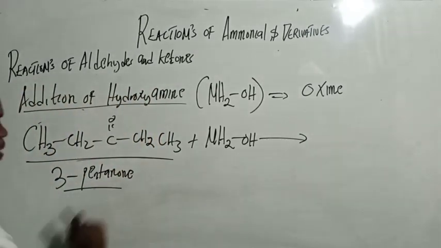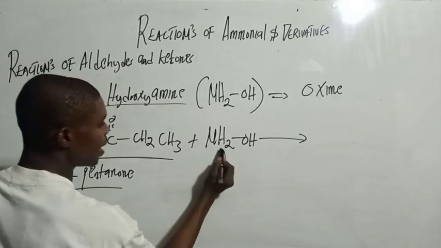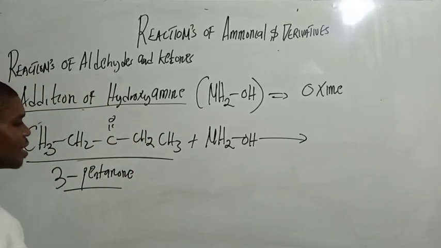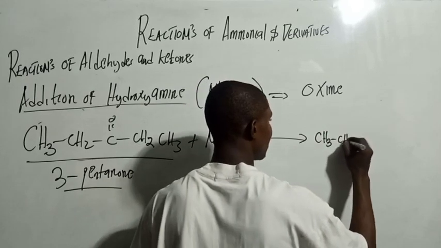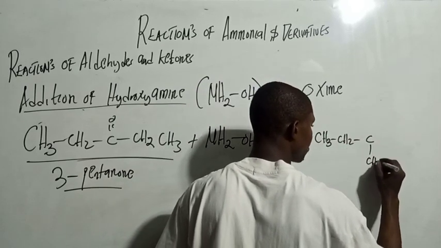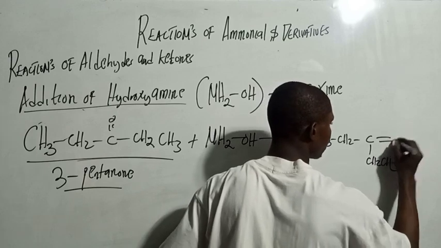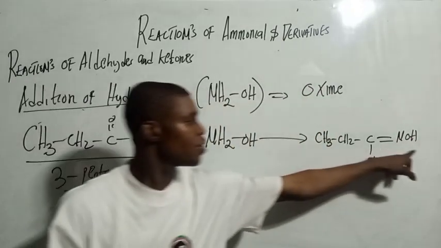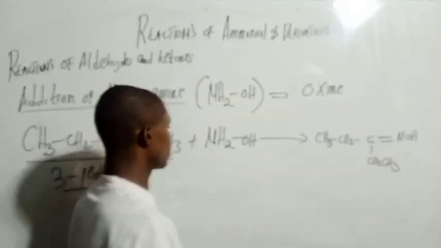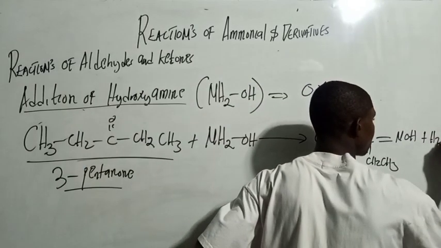So what happens here? This H2 moves to this one to form water, right? So what I have here is CH3, CH2, C, here we have CH2, CH3 here, NOH. Can you see that? NOH here, plus H2O.